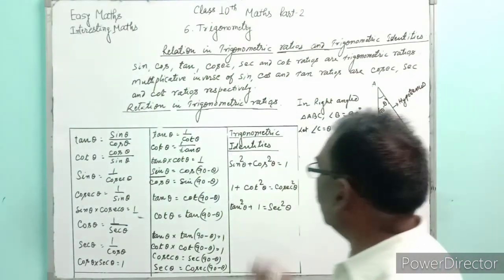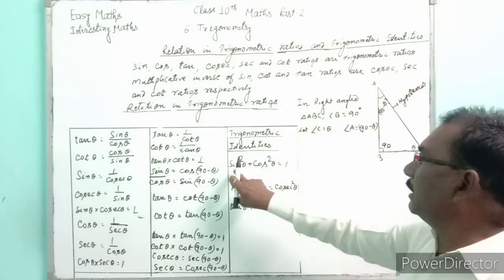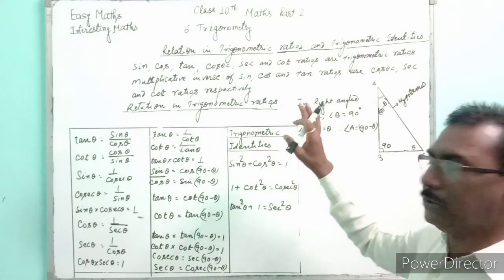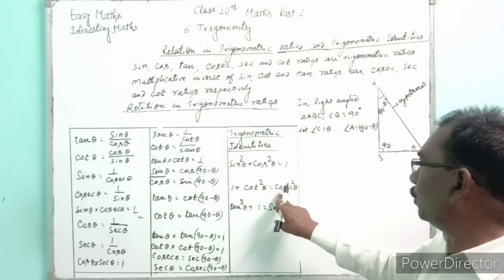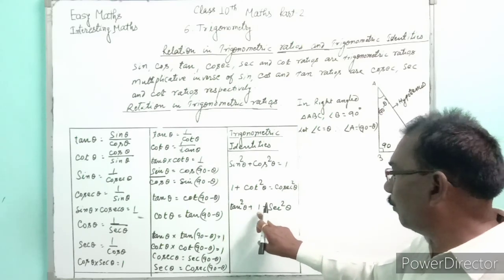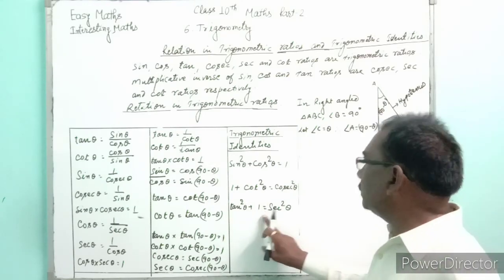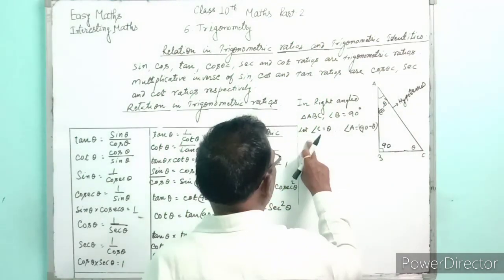So there are three trigonometric identities. One, sin square theta plus cos square theta is equal to 1. Second, 1 plus cot square theta is equal to cosec square theta, and tan square theta plus 1 is equal to sec square theta.